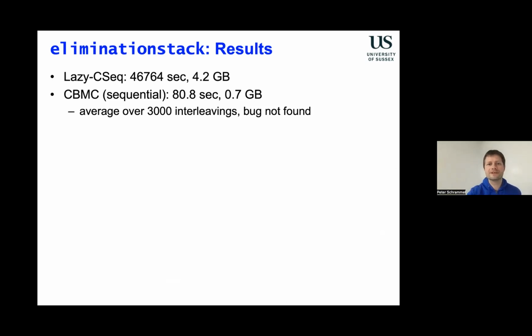This gives us some idea about the sequential complexity of the benchmark. We see that it is relatively low, CBMC needs a bit more than a minute. So sequentially, this benchmark is relatively simple, but the complexity comes from the interleavings. And picking 3,000 interleavings, we didn't find the bug. It's very unlikely to find that bug by just picking random interleavings.